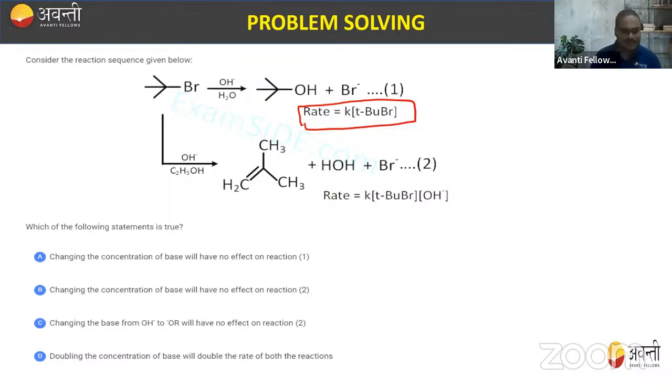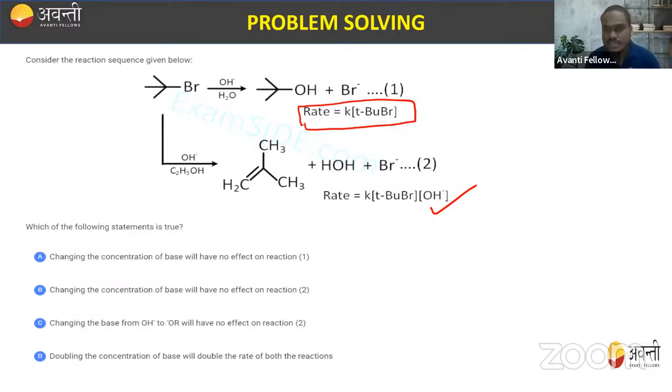So how will the base affect it? So obviously, reaction 1 is independent of the concentration of OH negative, whereas in reaction 2, the rate is dependent on the concentration of OH. So we can say that changing the concentration of base will have no effect on reaction 1. And this is absolutely true.